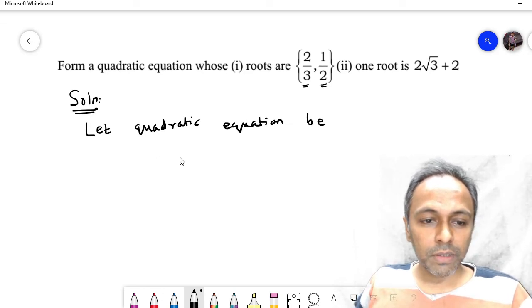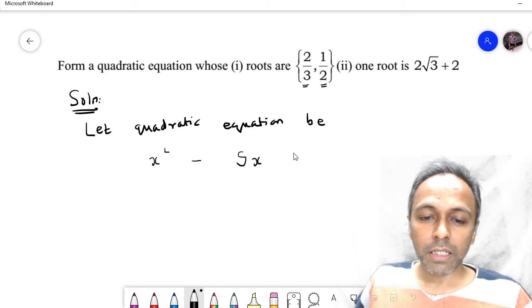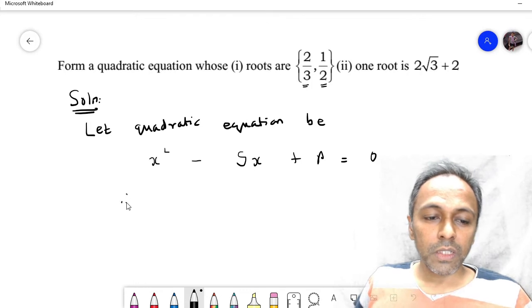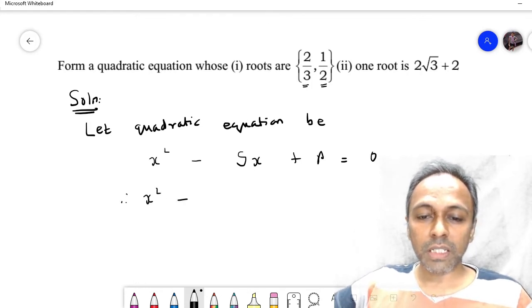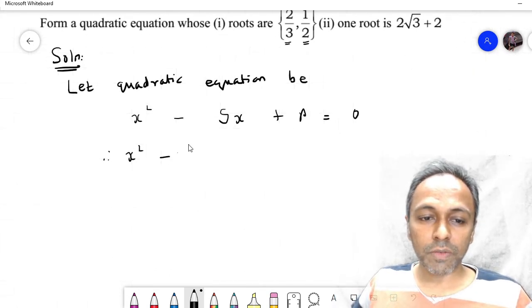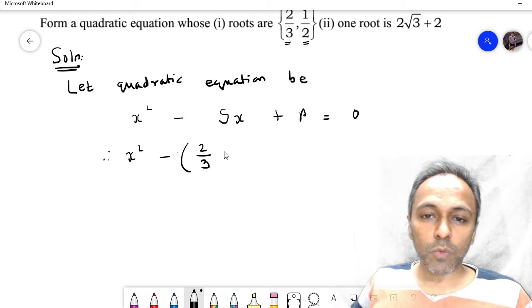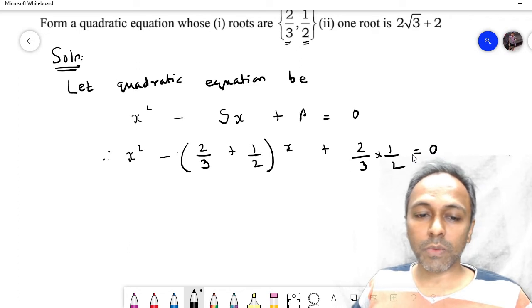x square minus sx plus p is equal to 0, which we have derived fully now. Therefore x square minus s, meaning the sum of roots, so we will write the sum of roots here as 2 by 3 plus 1 by 2, bracket closed, into x plus 2 by 3 into 1 by 2, the product of roots, equal to 0.